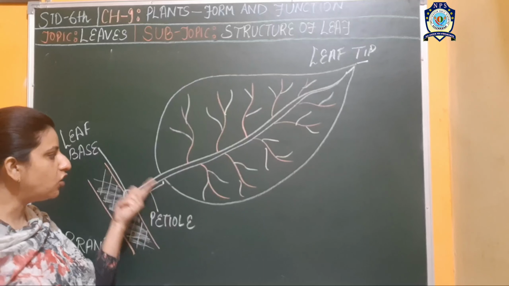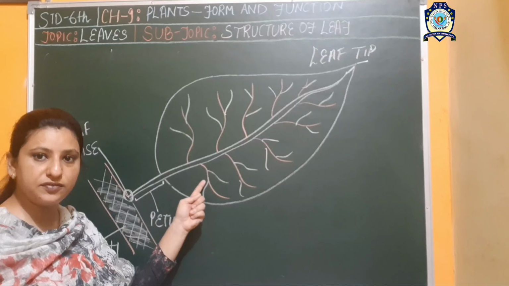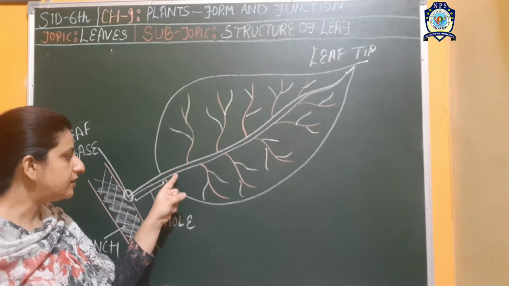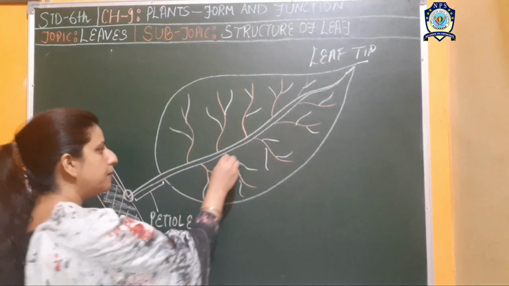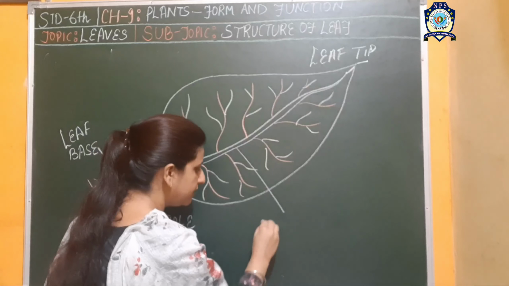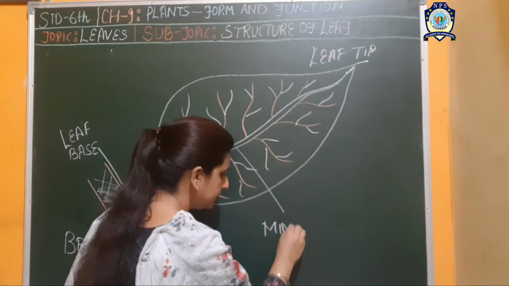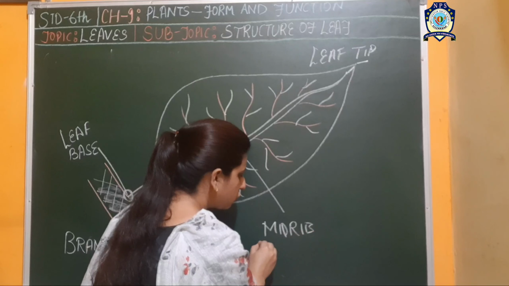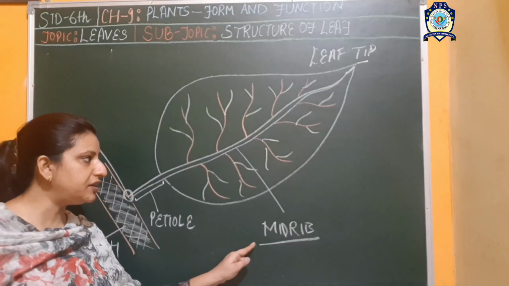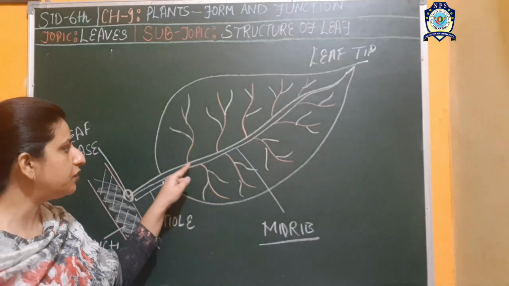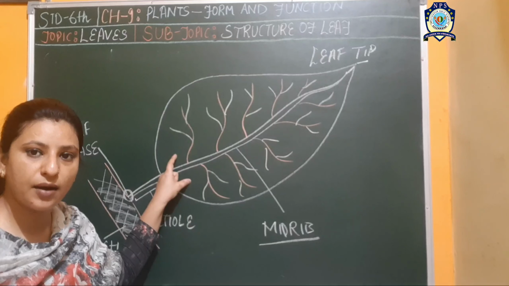Now when this petiole enters inside the leaf, this broader part, then it is called as midrib. Why it is called as midrib? Because this midrib is dividing the leaf into almost two equal parts.